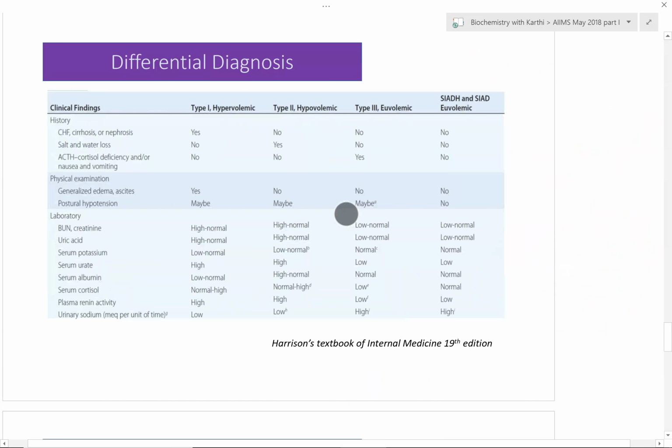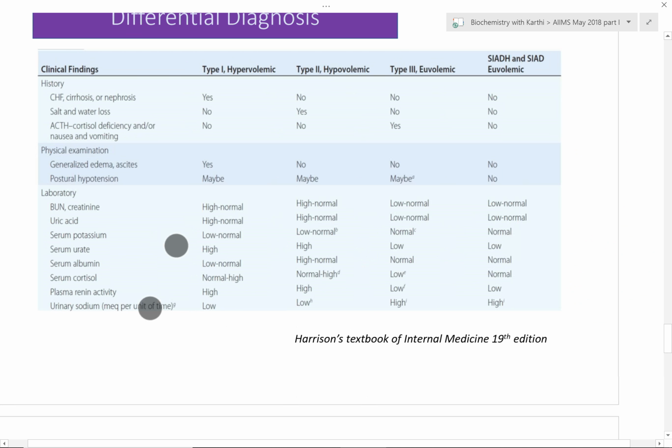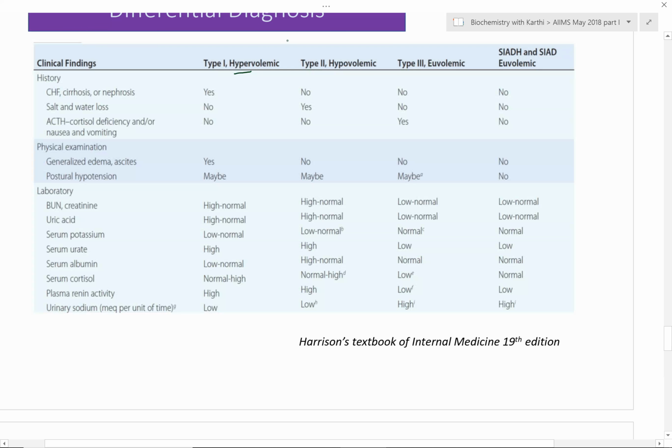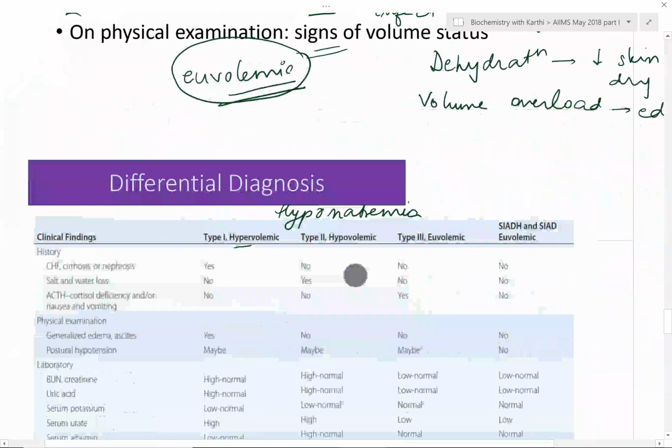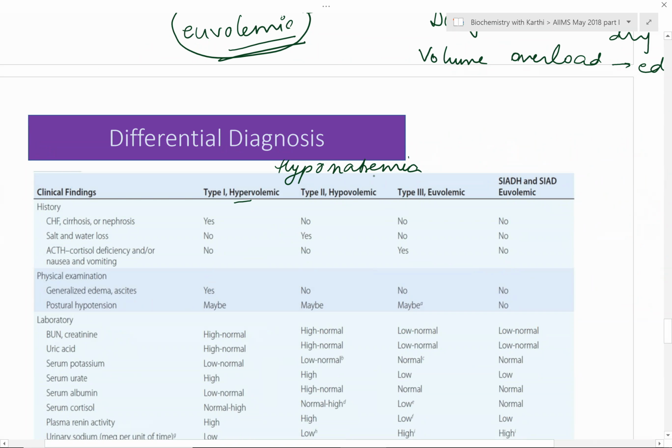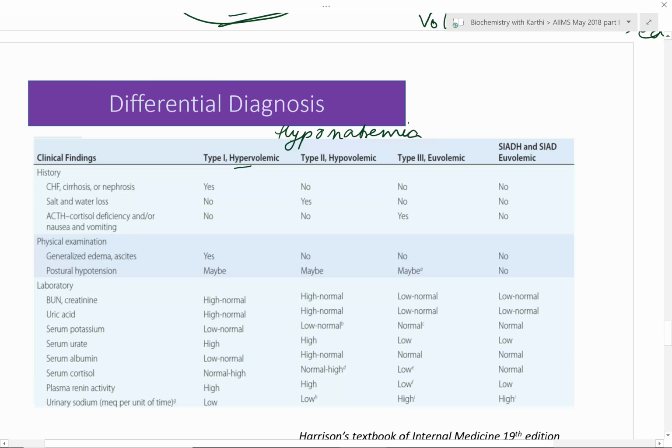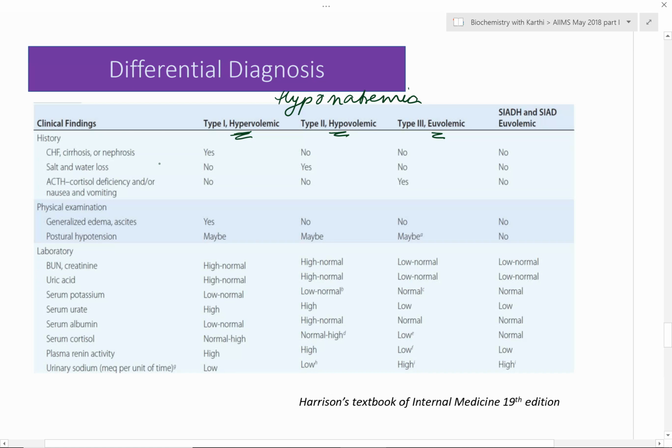So here you can see the differential diagnosis. So you want to distinguish whether the cause of the hyponatremia, which is giving you the symptoms of confusion, anxiety and nausea, vomiting, whether all those symptoms are occurring due to which sort of hyponatremia, whether it is hypervolemic, whether it is hypovolemic or euvolemic. So you'll see that in hypervolemic, you can have a history of congestive cardiac failure or cirrhosis or nephrosis.